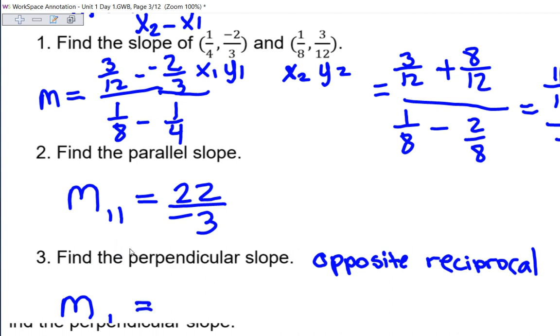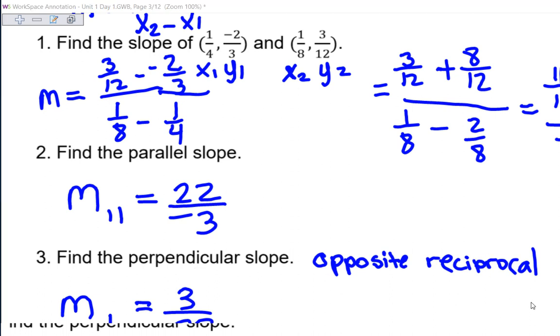Now I need the opposite. If this is a negative, the opposite of a negative would be a positive. And reciprocal means you invert the fraction. So 22 over -3 becomes positive 3 over 22.